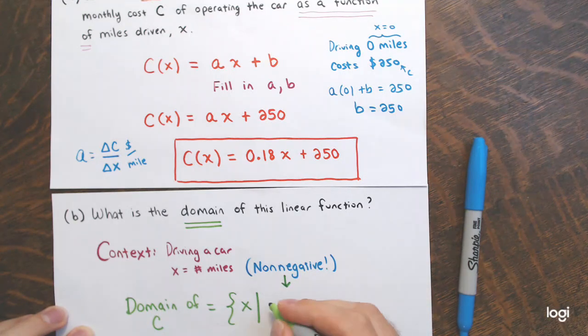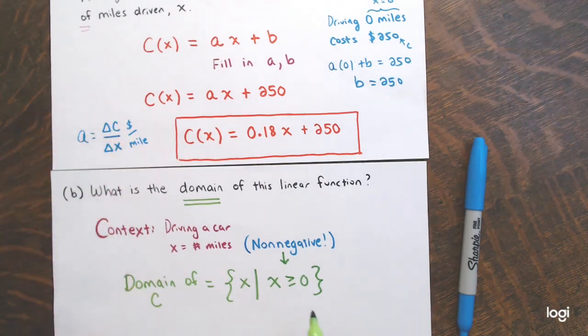As long as they're non-negative, as long as X is greater than or equal to 0. That's what it means to be non-negative. You could have also written out the words X is non-negative, but saying this inequality means the same thing. X is greater than 0, a positive number, or X equals 0, but never less than 0.